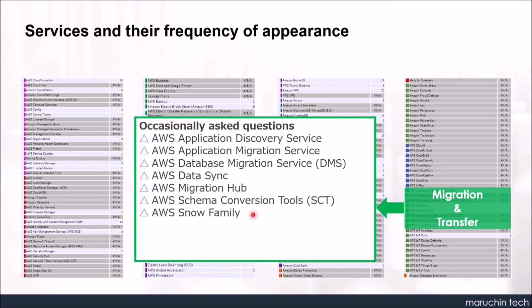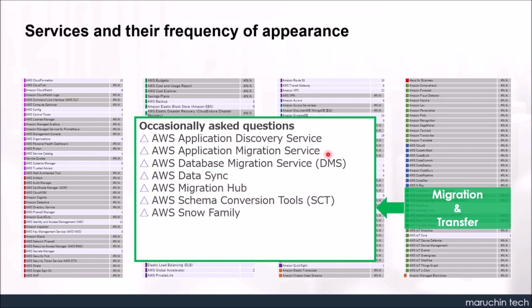The AWS Snow family is a service that uses physical devices to migrate a large amount of data to an AWS data center. From ordering the device to completing the migration, it takes about 10 days of lead time. If you want to minimize the downtime, it's better to upload the data via the network or use AWS DataSync.